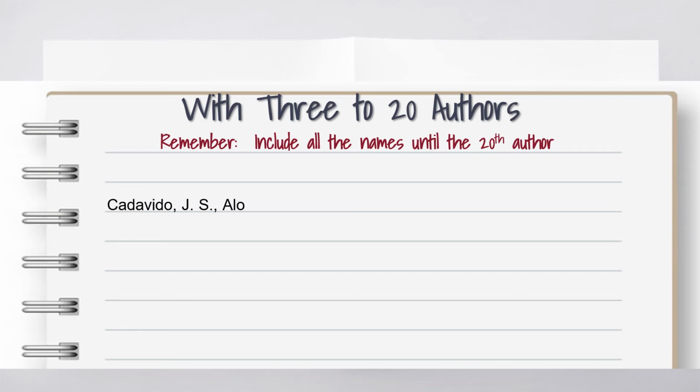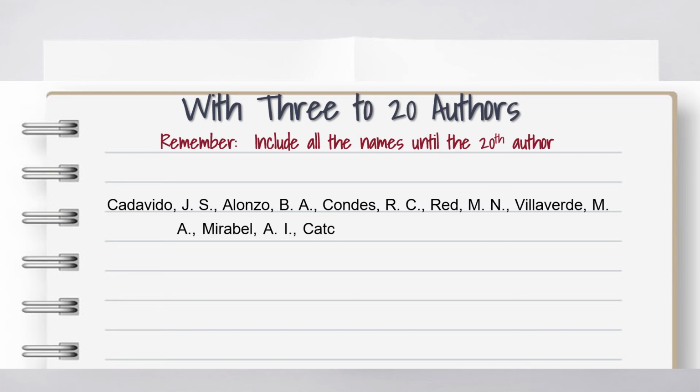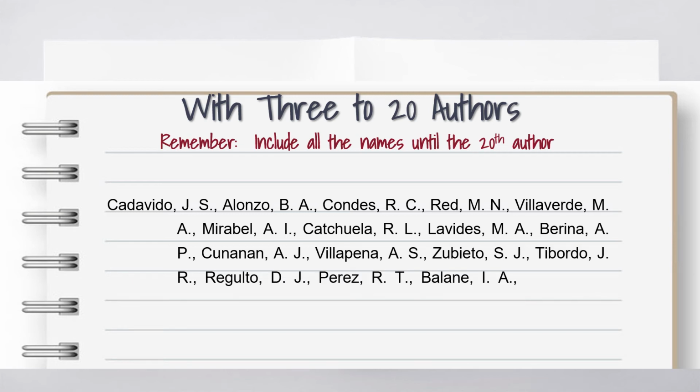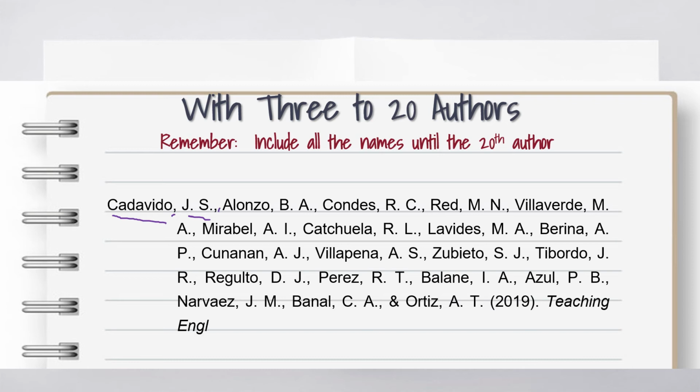Let's have an example. I'm not supposed to read to you one by one the names of the authors, but if you notice, class, it has the same format. You're just going to write first the surname of the author with a comma and then the initials, followed by a comma, and then the next names of the authors.